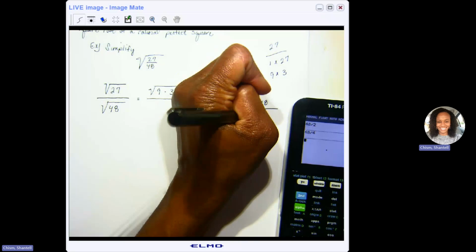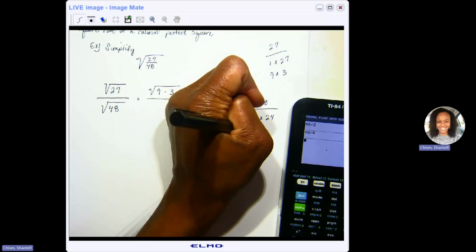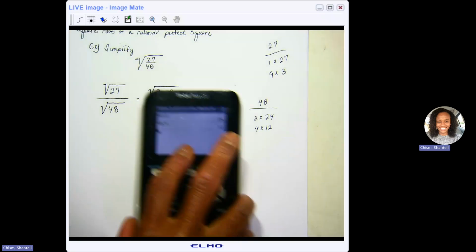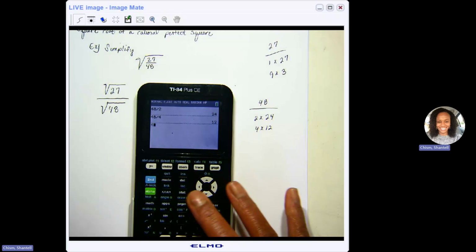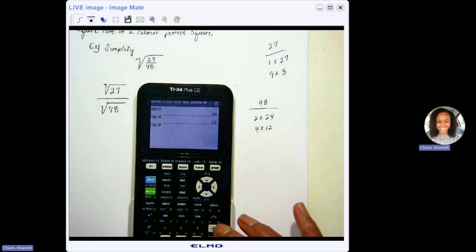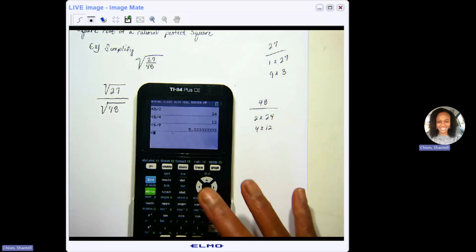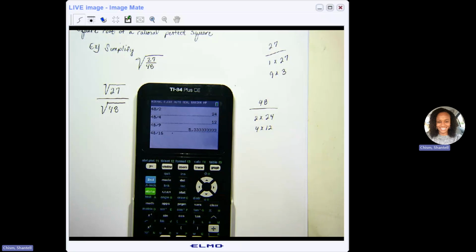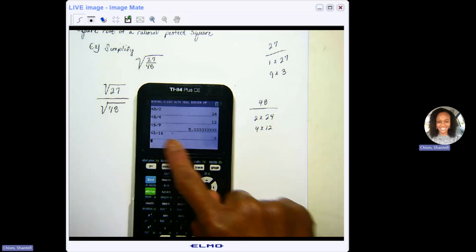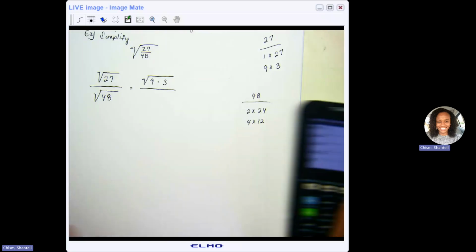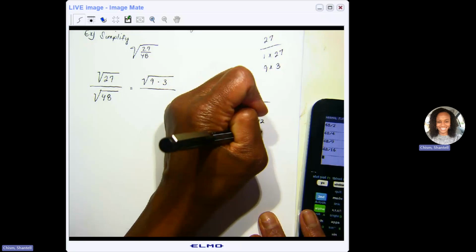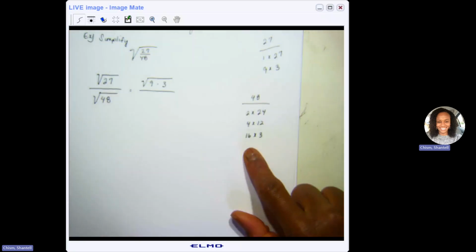So I got 2 and 24, I've got 4 and 12. Let's go to the next perfect square after 4, which is 9. 9 doesn't work. After 9, we'd have 16. There it is, 16 and 3. 16 is the largest perfect square factor of 48.